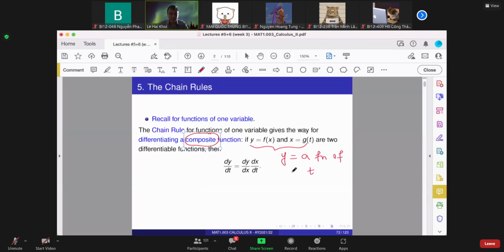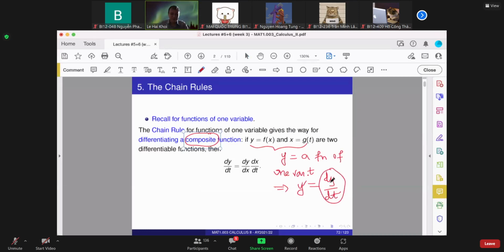And because of that, this is one variable of one variable of one variable. Then we can talk about y prime, or more precisely, dy over dt, as one variable. That's the reason we can write the normal d.